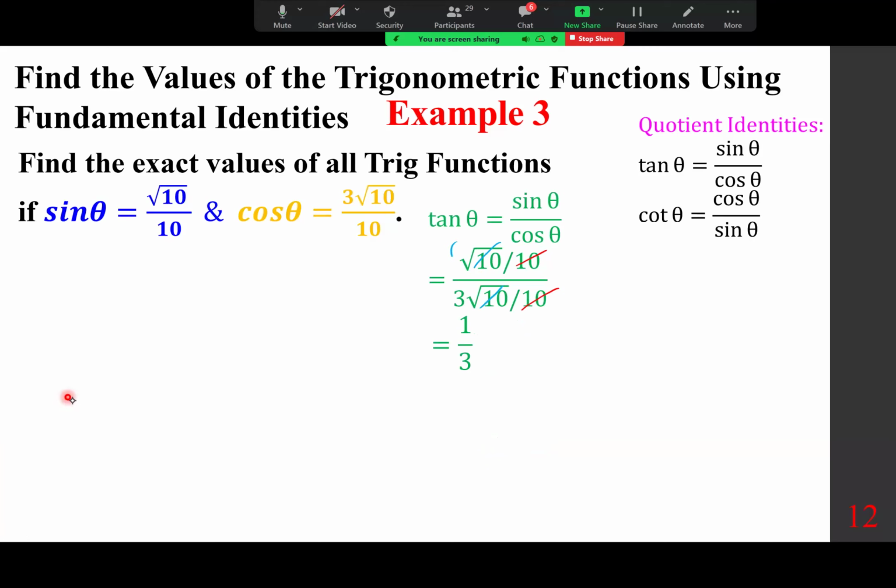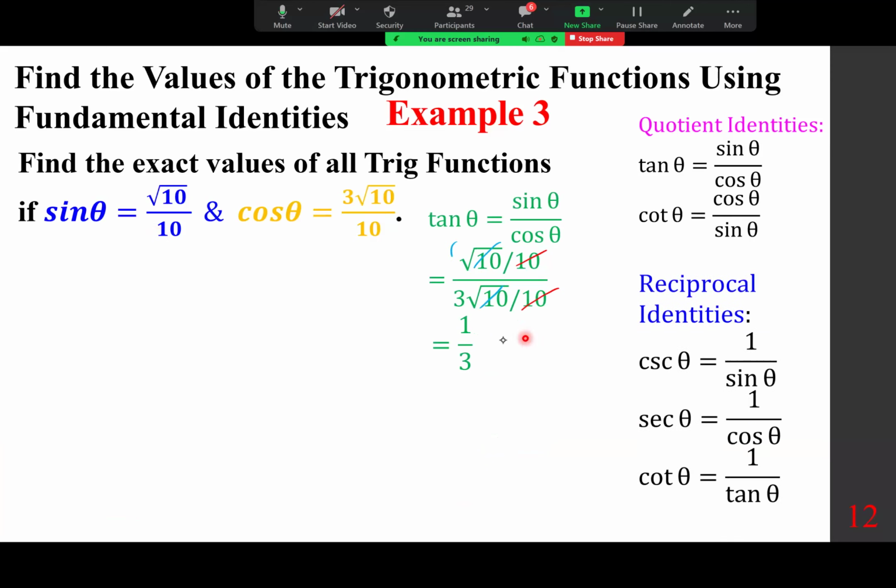So practically you're done. You have the sine, that means you have the cosecant theta. So here are the reciprocals. Cosecant is 1 over sine. So this becomes 10 over square root of 10, and that is square root of 10.